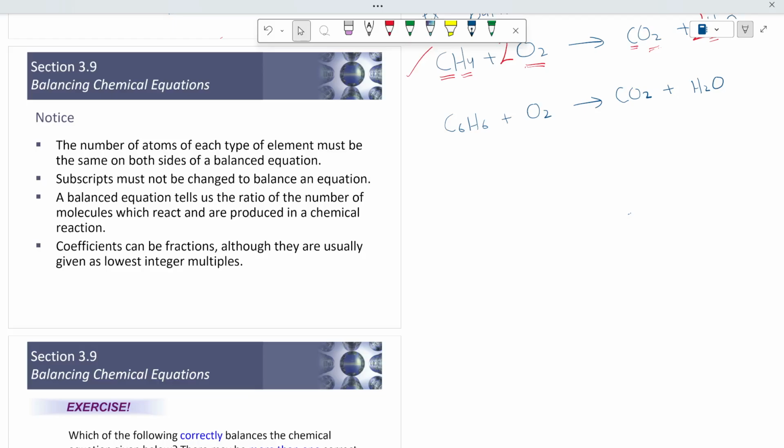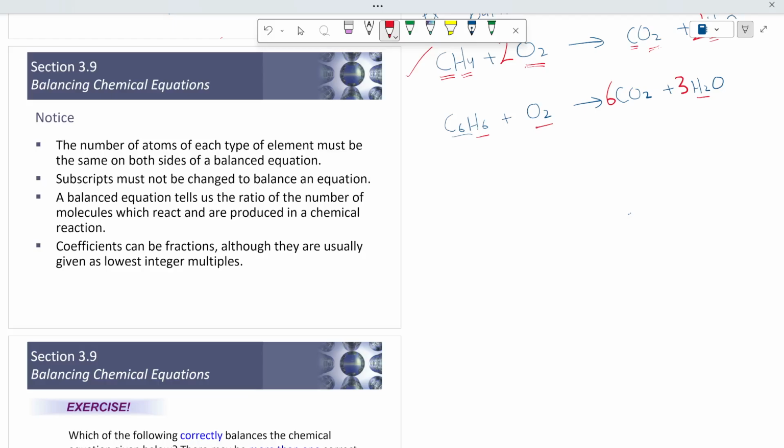Apply the same method. Here we have 6 carbons. Here we have 1 carbon. So I need to change its coefficient to 6. We have 6 hydrogens here, 2 hydrogens in water, so multiply this by 3.